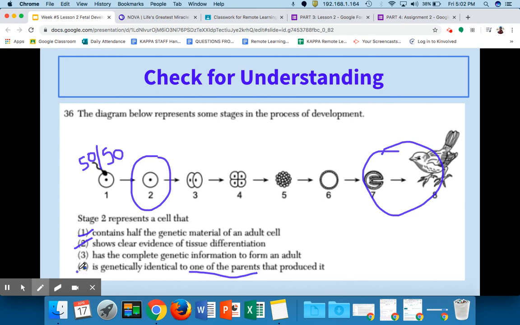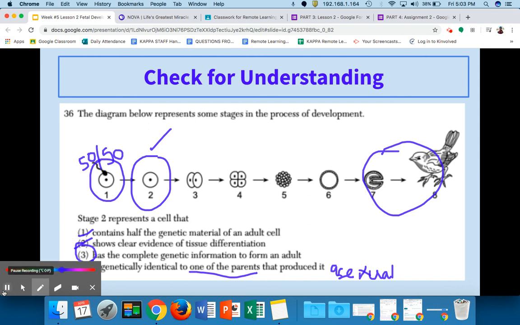No, that doesn't make sense. And we can clearly see this is not asexual reproduction because of stage 1. So option 4 is only for asexual reproduction, in which the offspring is identical to the parents. So our answer is 3. It has all the genetic information at stage 2.